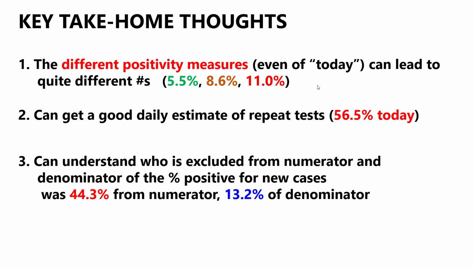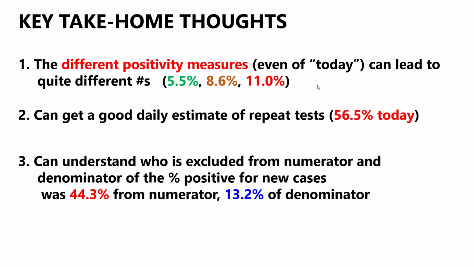We can understand who is excluded from the numerator and denominator of the percent positivity for new cases. And again, this is something that I've done in previous videos, but of the two main percent positivity measures reported by the Florida Department of Health, one is more intuitive to people. The other one we know kind of treats repeats differently.